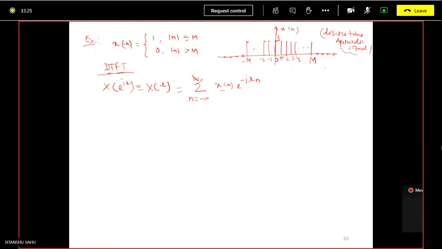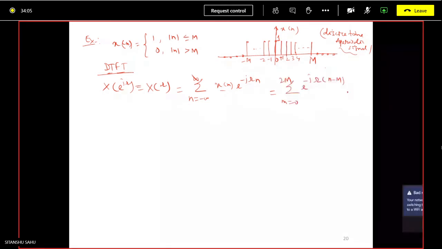So I can write this one also as a summation from 0 to 2m, of e to the power minus j omega (n minus m). Here I have used a shifted index k equal to n plus m, or you can also simply go on with n equal to minus m to plus m.